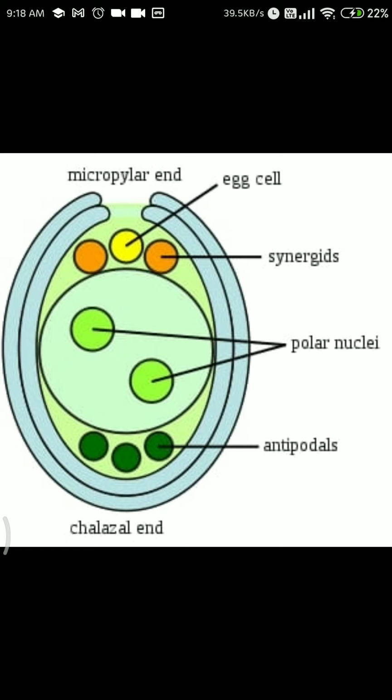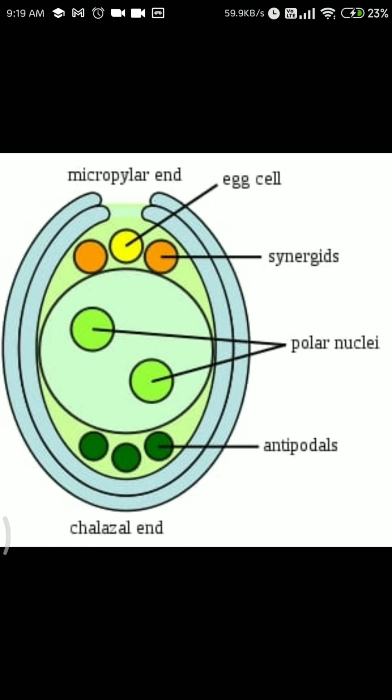This picture shows two separate nuclei, but they are actually in a fused condition, as given in your book. So it's a seven-celled structure, three at one side, three at another side. One egg cell and two synergids are on one side, towards the micropylar end, and opposite to that three more cells are there.